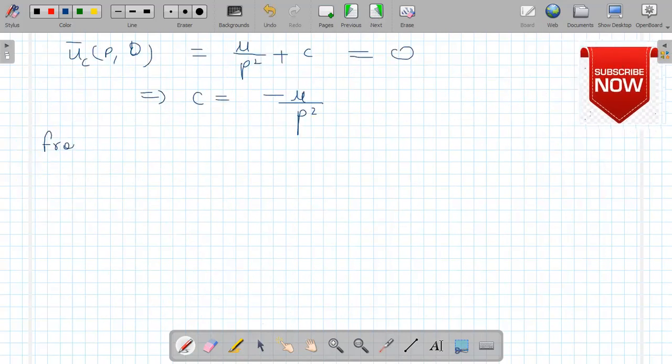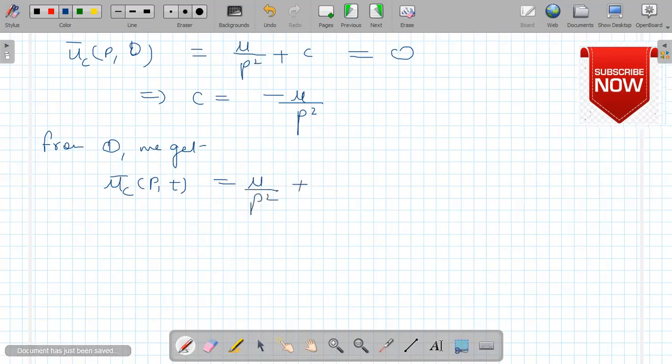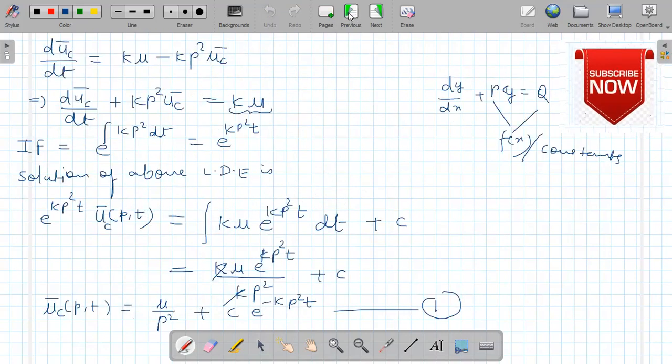So from equation 1 we get μ C bar p comma t is equal to μ upon p square plus, C की जगह हम इसकी वैल्यू सब्स्टिट्यूट करेंगे, so we use the negative sign, μ upon p square and e to the power minus k p square t.